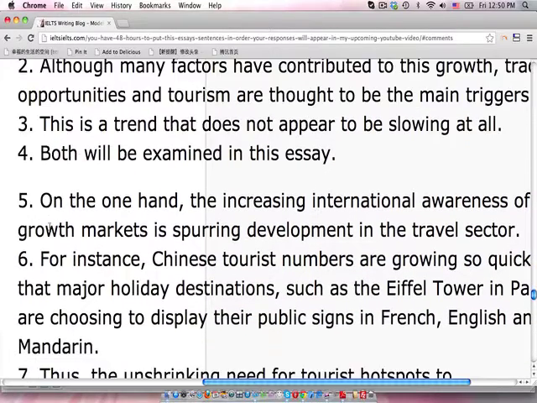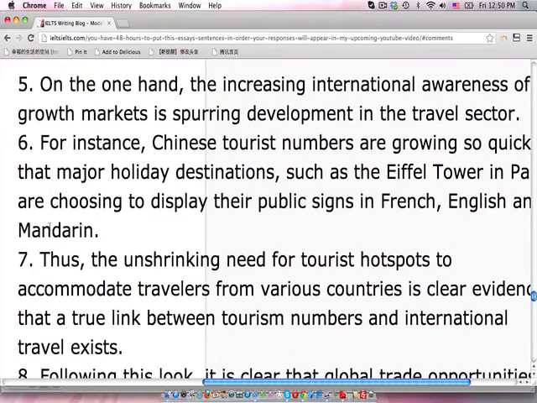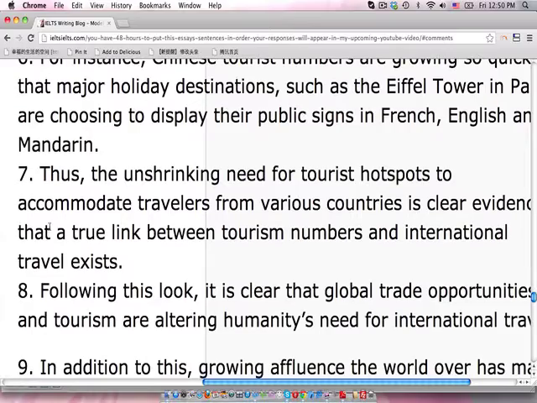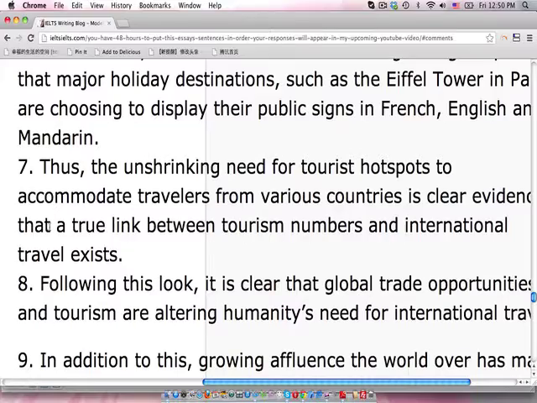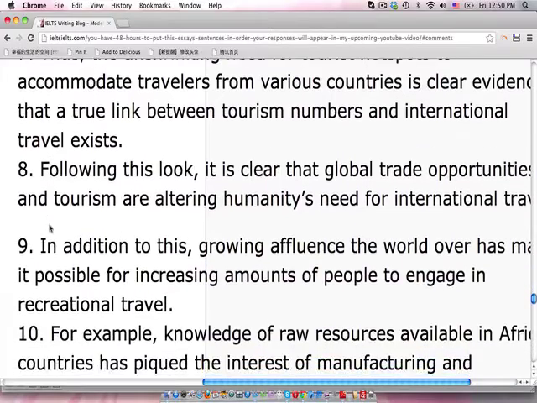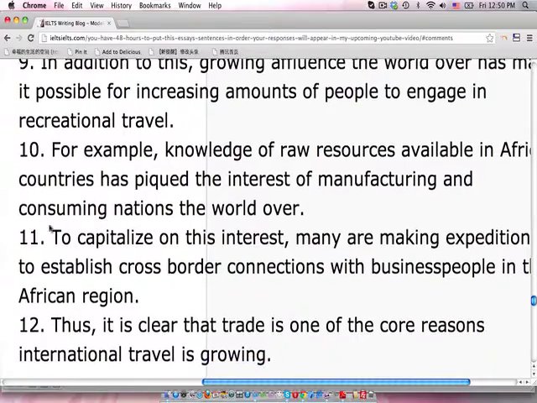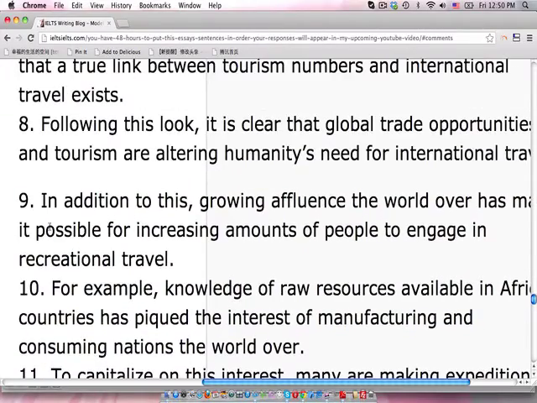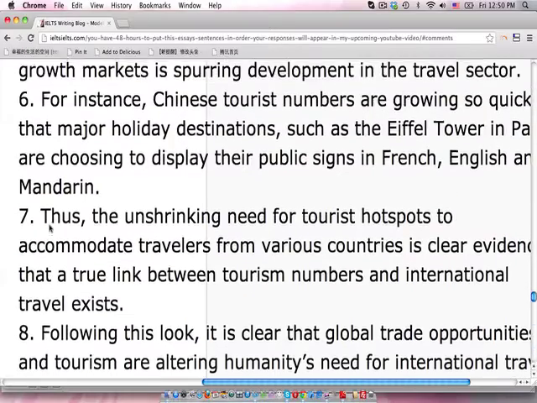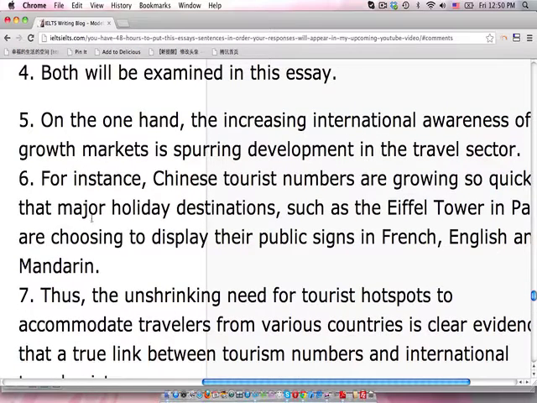Let me see. On the one hand, for instance, okay, it looks good. It is clear the global trade opportunities in tourism are all to humanity's need. Okay, in addition to this, for example, to capitalize on this interest. Okay. Oh, let's see here. Oh, okay, I see. So you've put the Chinese example first. So international awareness of growth markets.